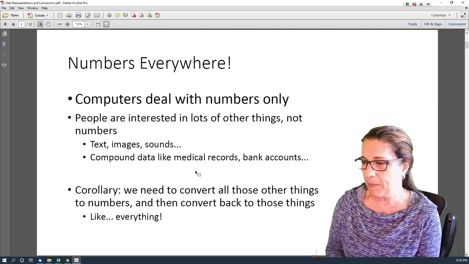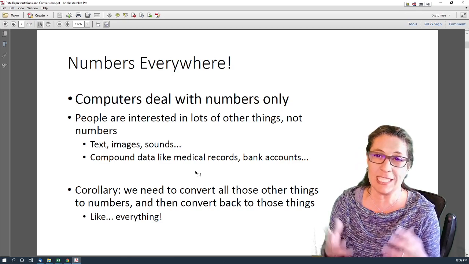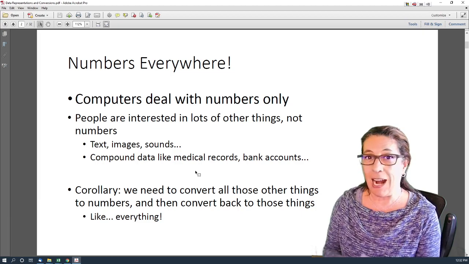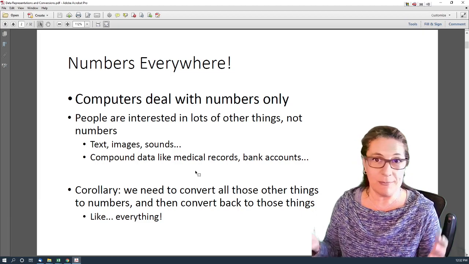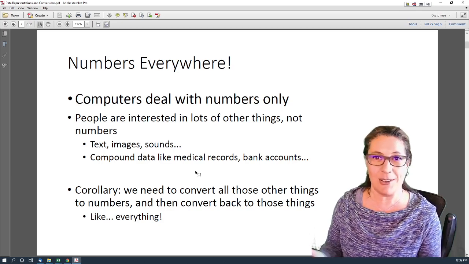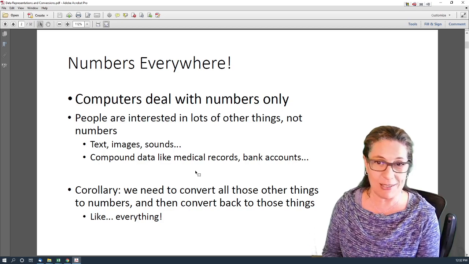And one way or another, all of those things that we care about are represented in our modern society as written things in text or images or even sounds.